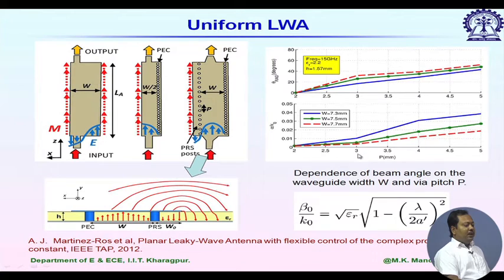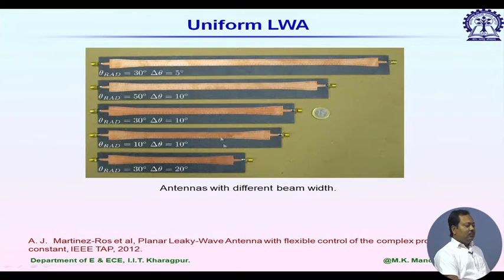When P increases, alpha or leakage loss increases. We can control then both beta and alpha. These are some fabricated examples. In the first example, delta theta, the half power beam width, is 5 degree, second example 10 degree.